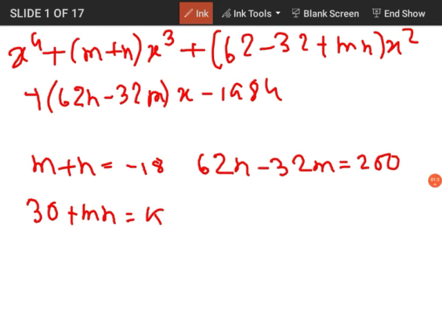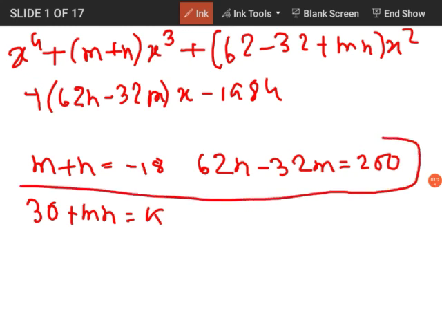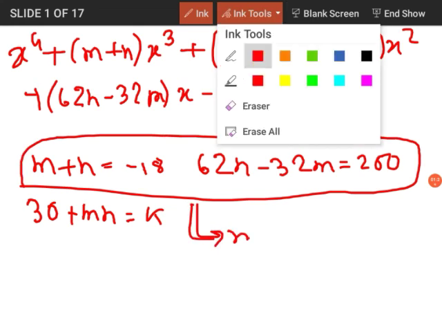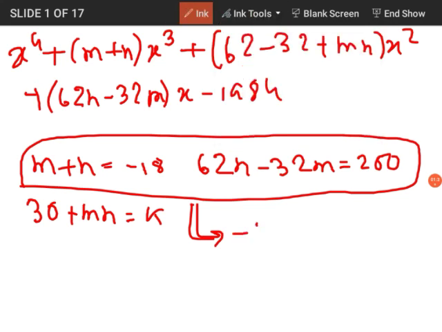Now if you solve these two equations, you are going to get the values of m and n. So let me write that: you are going to get minus 14 and minus 4.